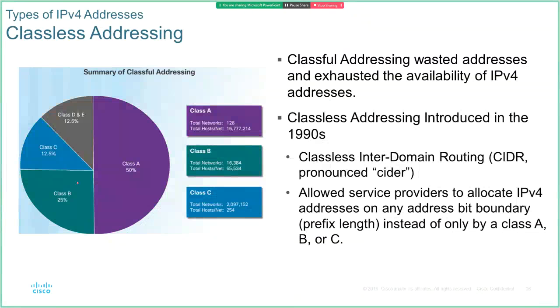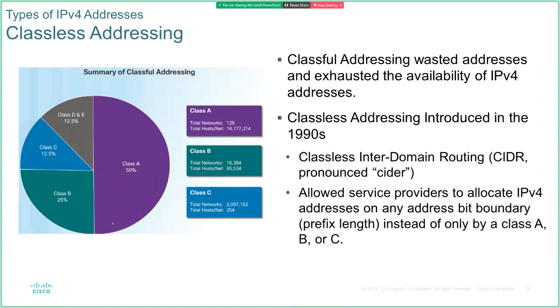So the little pie chart shows you how the classes were split up. Now you go, well, that's not too bad. Over 2 billion addresses were consumed in Class A. Remember that the entire IPv4 address range only made up about 4 billion addresses.